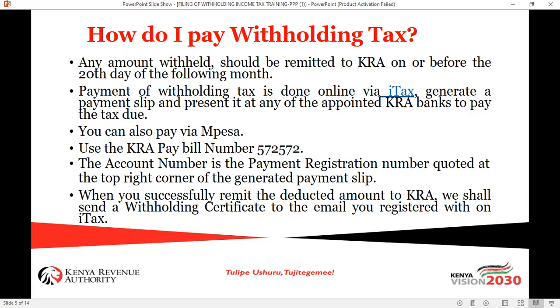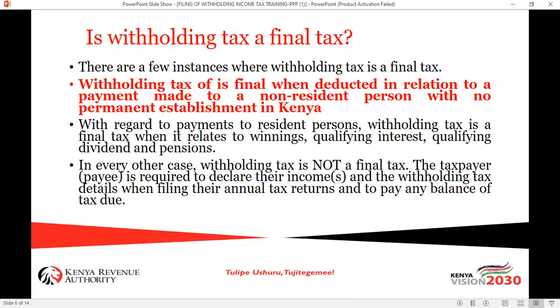When you successfully remit the deducted amount to KRA, you are issued with a withholding tax certificate, which is normally sent to your mail, or you can find it on your iTax portal.